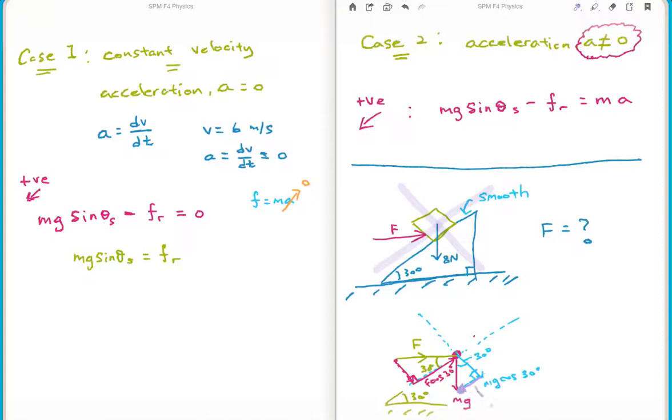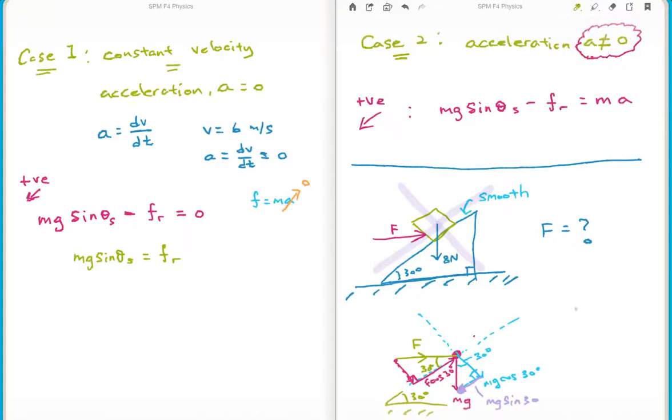Here is mg sine 30. This is mg cos, this is vertical, this is horizontal. So going down must be the same as going up. Okay. Well, this is not up to scale, but the concept is there.